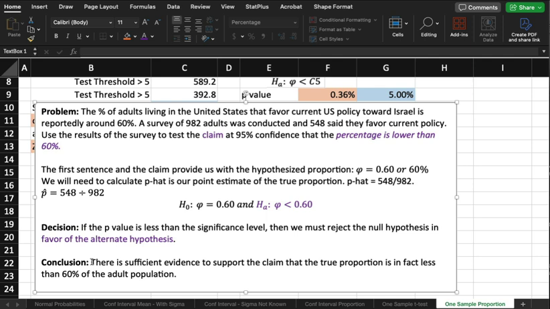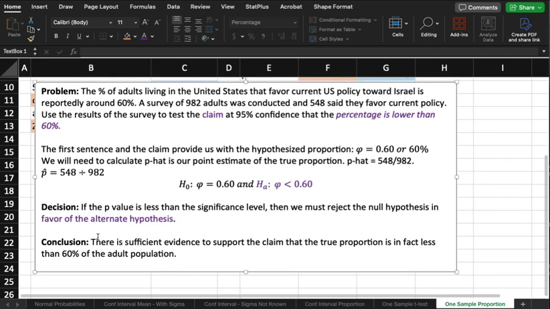Then when you write your conclusion, always state that in terms of the claim. In this case, there is sufficient evidence, which means we are rejecting the null hypothesis. There is sufficient evidence to support the claim that the true proportion is in fact less than 60% of the adult population. Always state your conclusion in terms of whatever claim was being made.